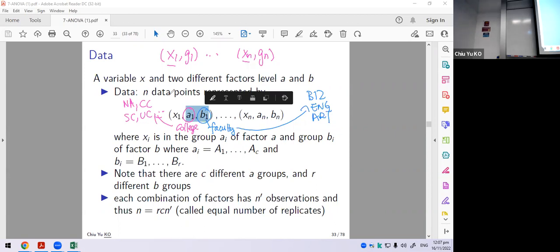Because one way is many groups, right? We don't have restricted grouping, right? Why we have to care about combination of the two grouping? The reason is we want to see if there's a magic or the chemistry between the two groups, right?